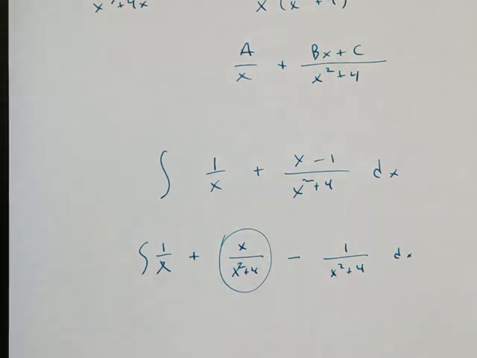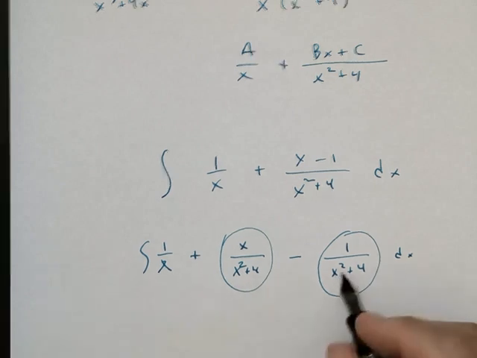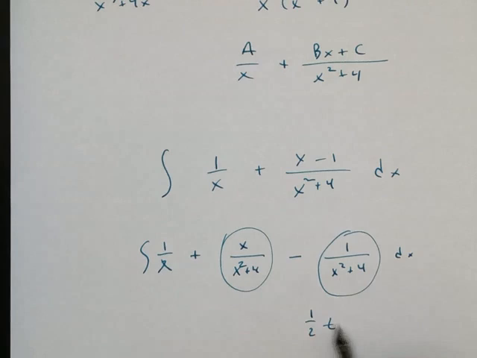This one is a U substitution. This one is an inverse trig. That's going to be an inverse tangent. Remember when we said we had x squared plus a squared? We used the tangent. This turns out to be 1/2 the inverse tangent of x over 2. Why is it 1/2 and over 2? Because that's the square root of 4.